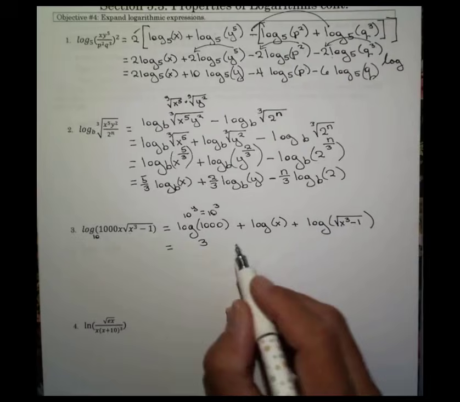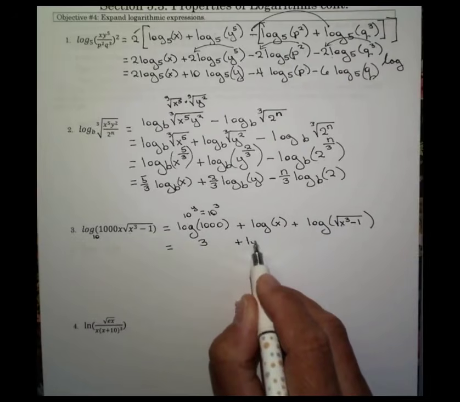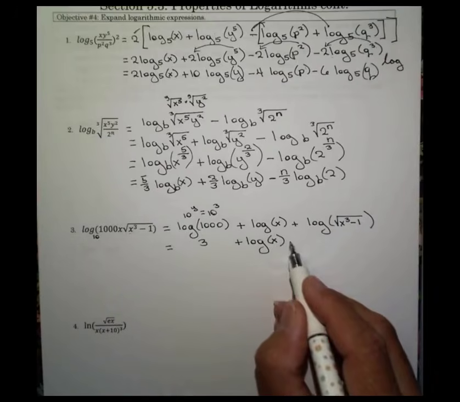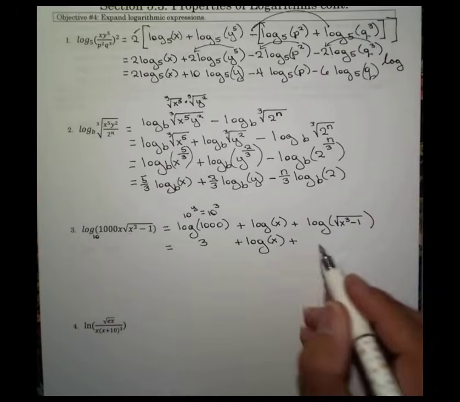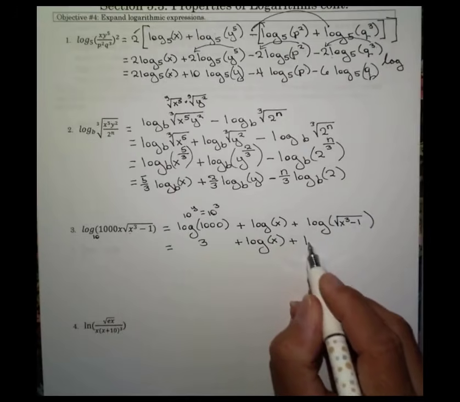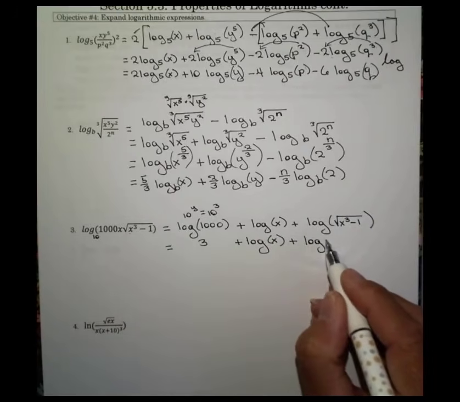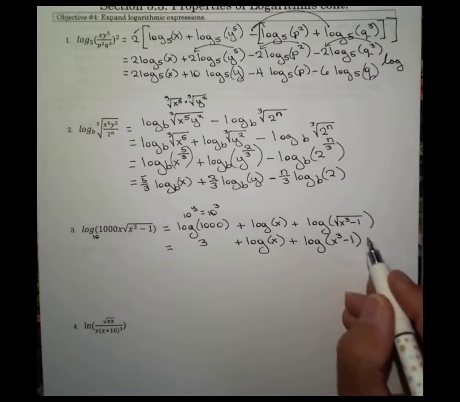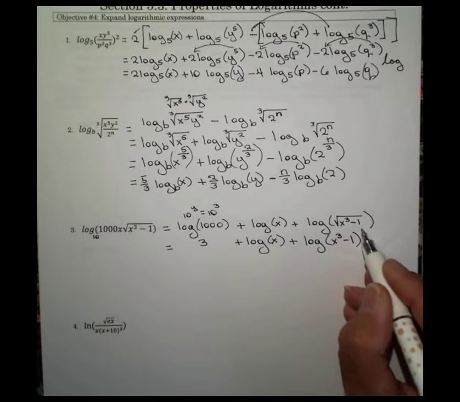All right, now there's nothing I can do with log of x until they tell me what x is. And this one I can fix a little bit. I'm going to go ahead and write this with a fractional exponent. So what would it be? Well, it would be to the power of 1/2, wouldn't it?